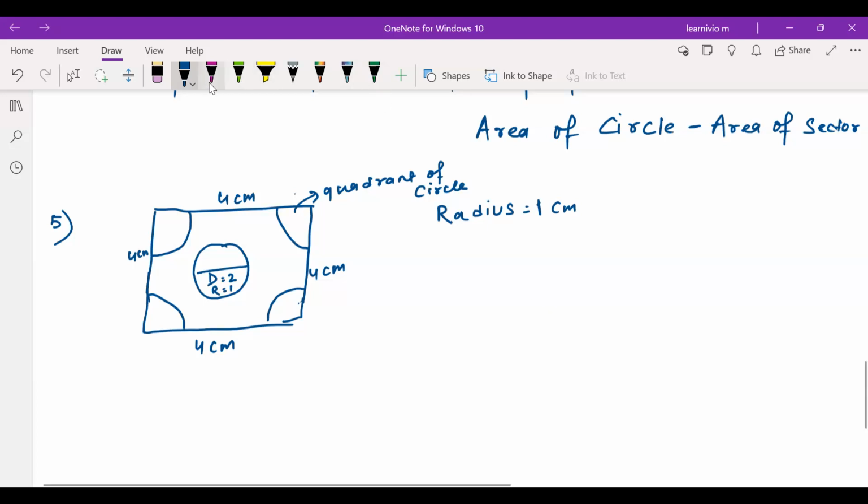Which portion's area do we have to find? We have to find the area of this portion. You can see that from the total area of the square, if we take out the 4 parts from the corners and then the middle one also, we will be left with the shaded part, right?